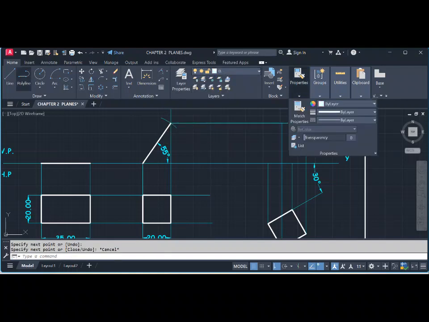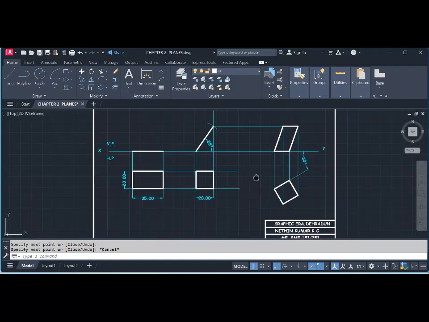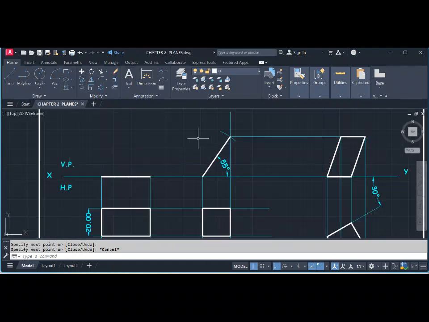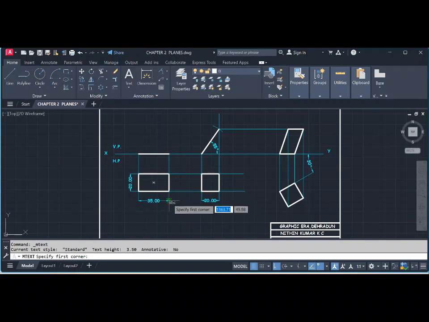Now it is done. The next thing you require to do is the white line, like this to here and here, like this and like this. Once it is done, it is like this. But it is not over here. Then you have to type it here.